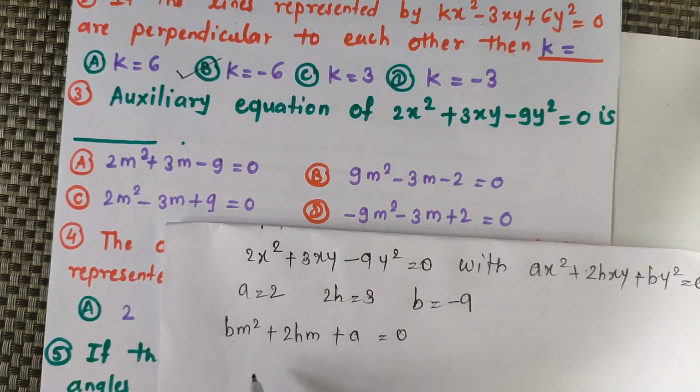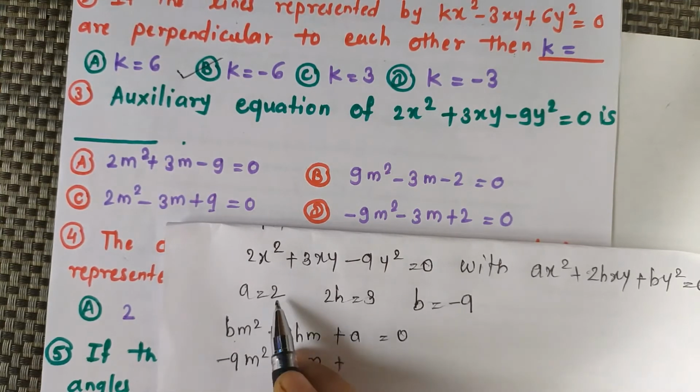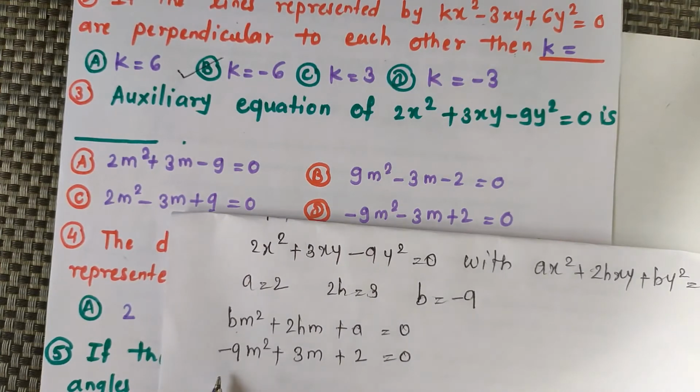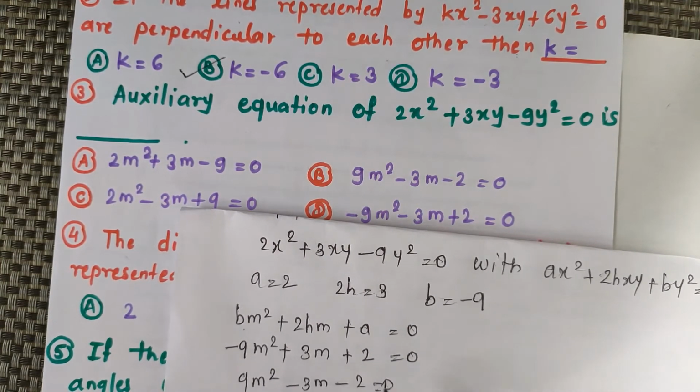So here b is equal to minus 9. Substituting this value, minus 9m square plus 3m plus 2 is equal to 0. Now multiplying by minus sign, we get 9m square minus 3m minus 2 is equal to 0.